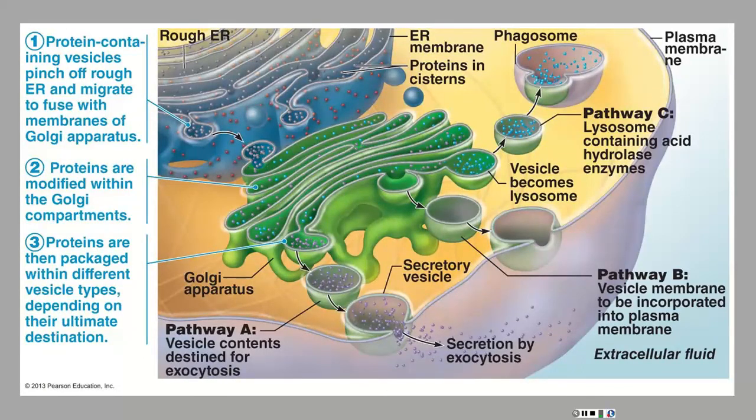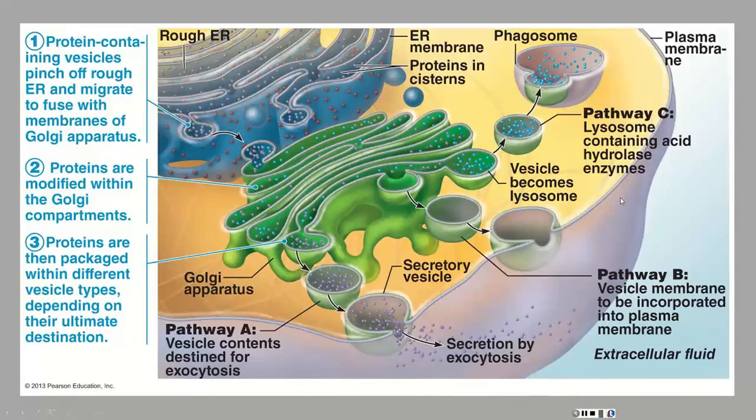Well, it's not a problem because in every one of these cases, the rough endoplasmic reticulum, also the smooth endoplasmic reticulum that we talked about, the Golgi, every type of vesicle, a phagosome, and the plasma membrane itself, what are they made of?